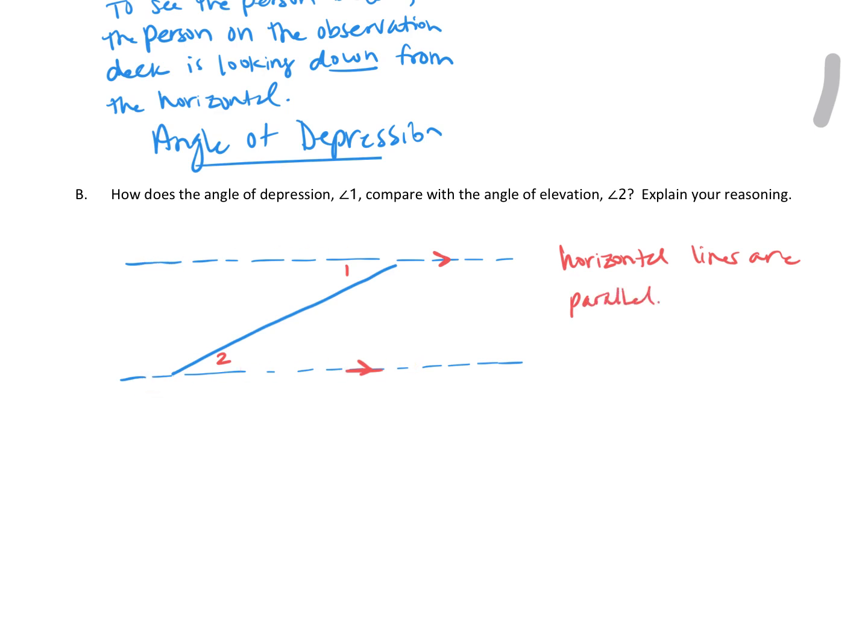When you have parallel lines cut by a transversal, so this line right here, this segment that is forming the other half of angle 2 and the other half of angle 1, that is a transversal. So when you have parallel lines cut by a transversal, angle 1 is going to be congruent to angle 2, and that's because they are alternate interior angles.